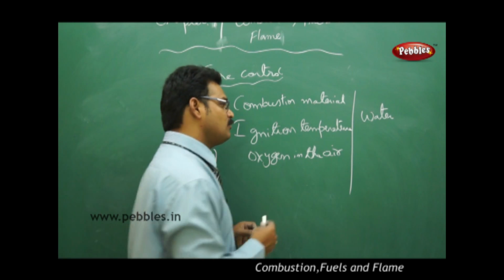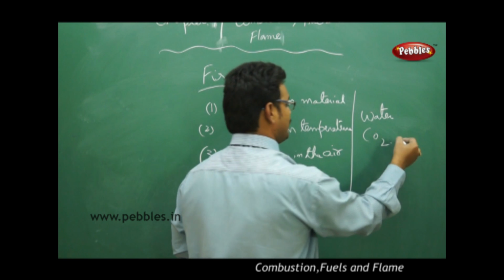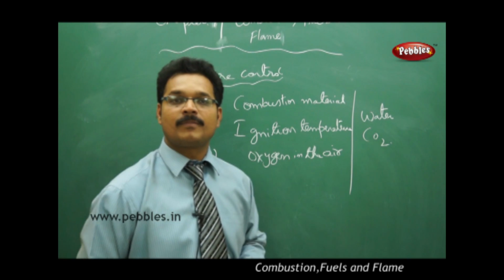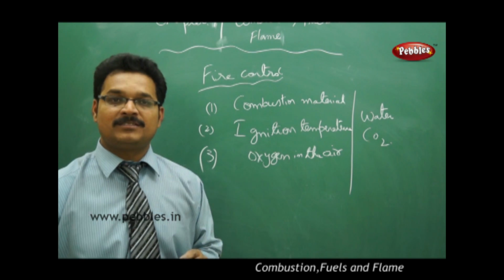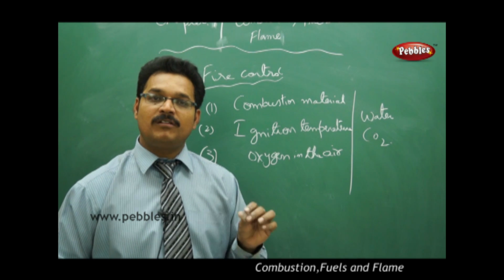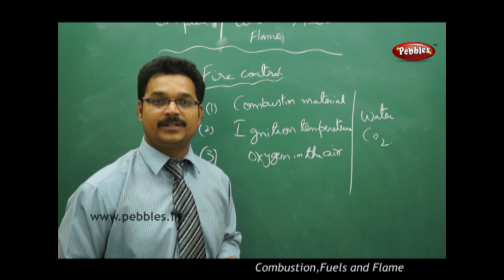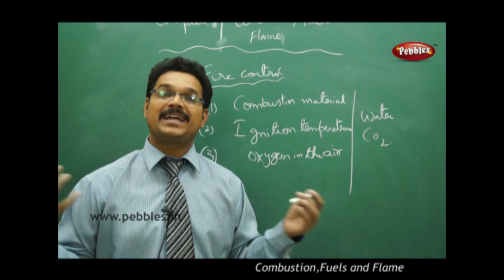The second alternative, the best alternative, is carbon dioxide. Carbon dioxide is the best to stop the fire. All fire extinguishers have carbon dioxide. This carbon dioxide works like a blanket.